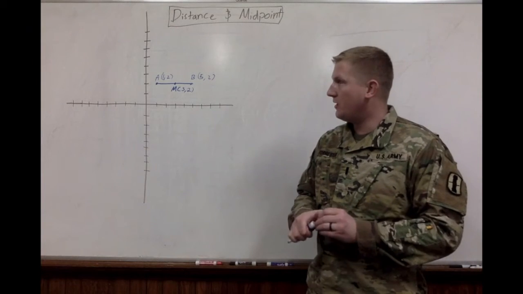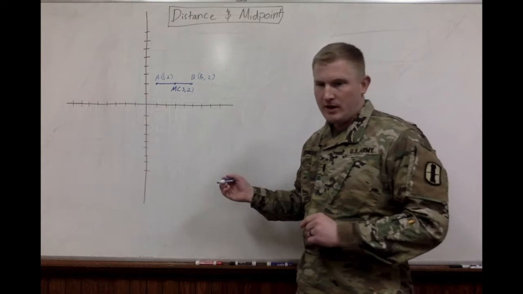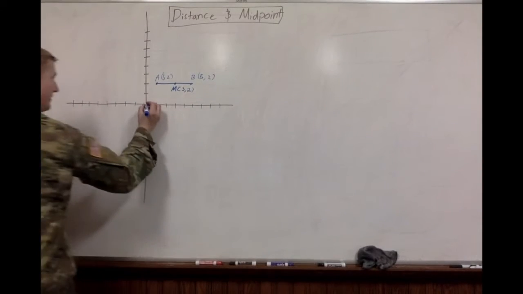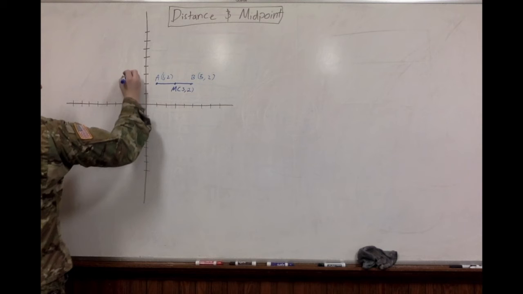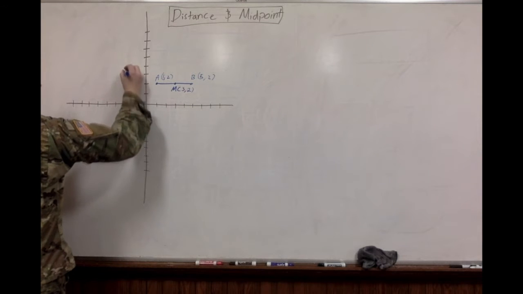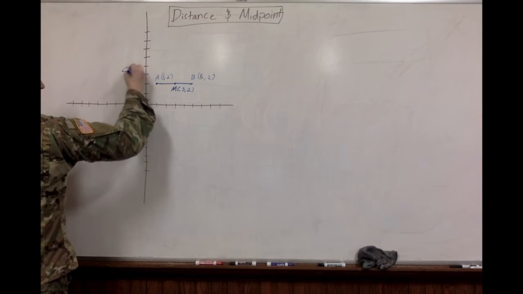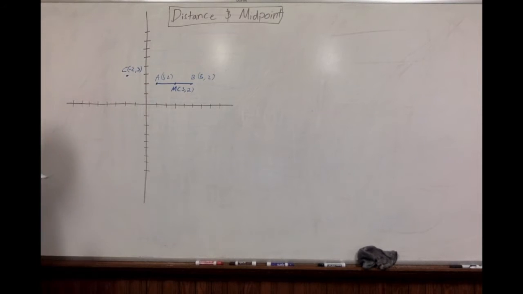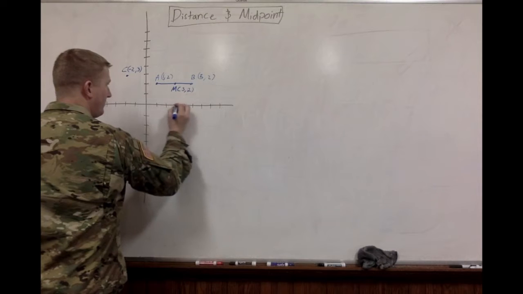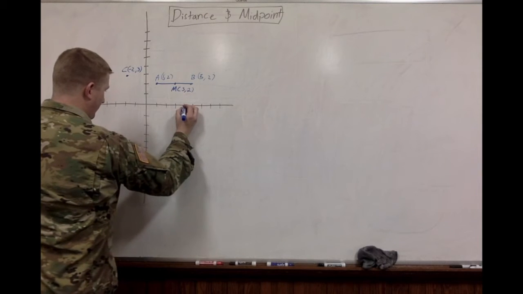So let's take a couple of random points. I'm going to call this C at -2, 3. And our D is going to be 4, -5. So 1, 2, 3, 4. 1, 2, 3, 4, 5.